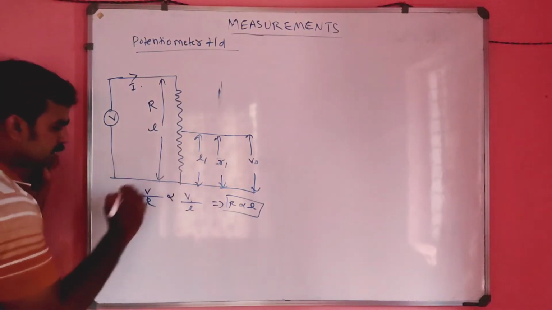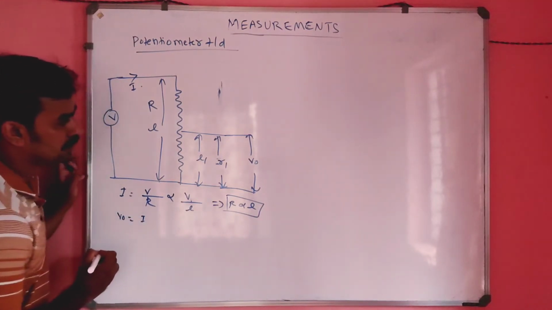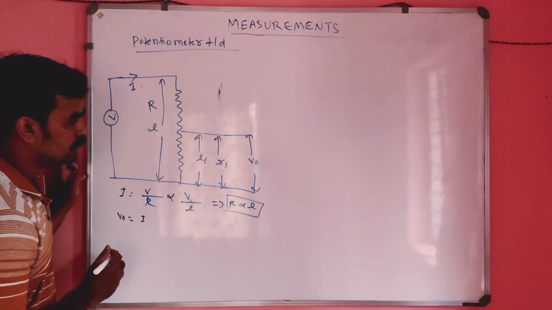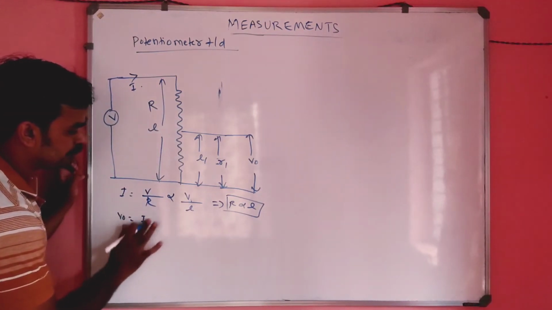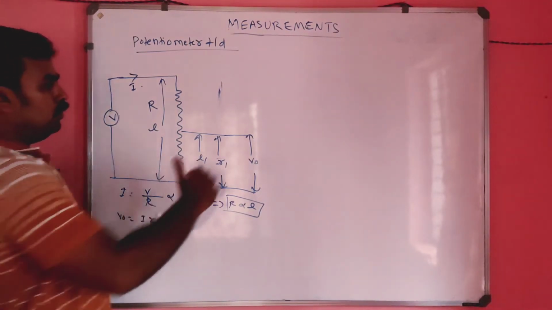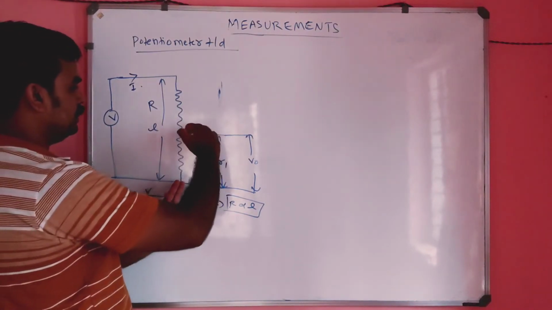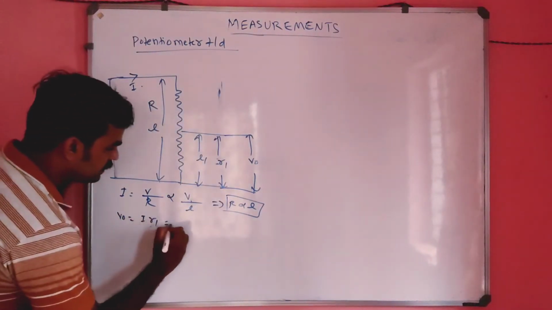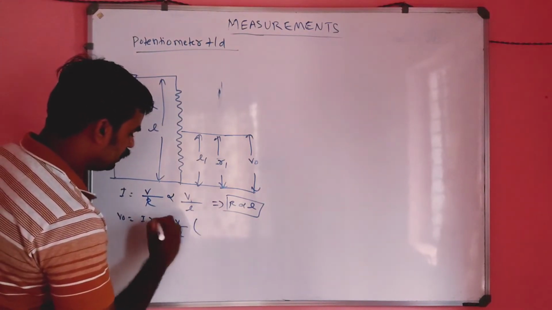So what is the output voltage here? Output voltage V0 is equal to I into R1. Am I correct? Suppose I am taking the output voltage from here. This current is I, there is no change in that. So I is V by L, into R1.